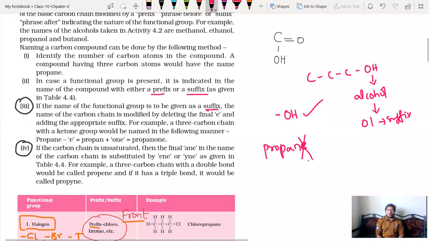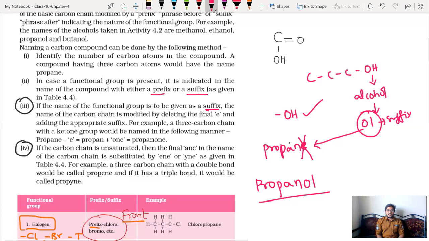That should be removed and the appropriate suffix added. So what is the suffix of alcohol? OL. That OL to be added here by removing E. So it will become PROPAN, E is deleted, OL we will add. It will become propanol.